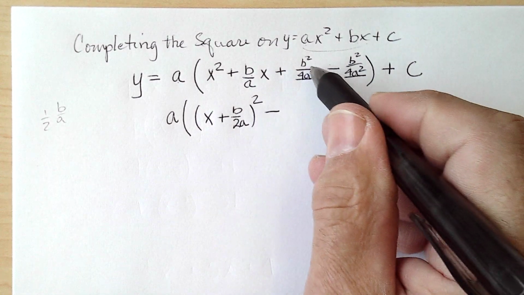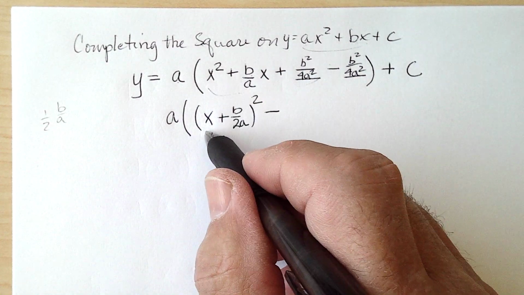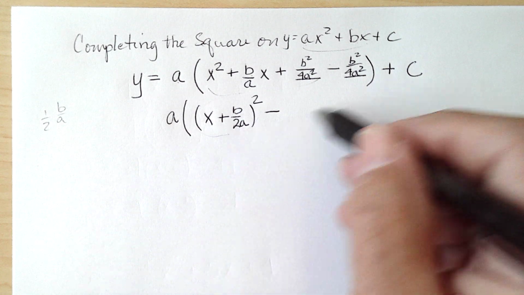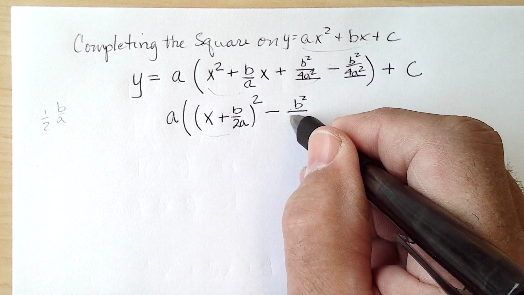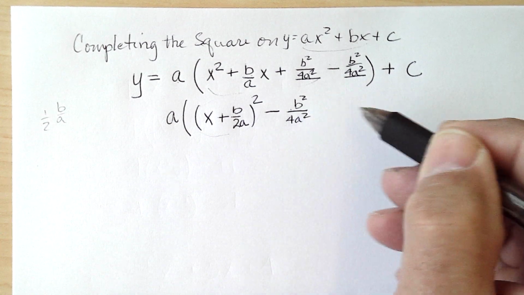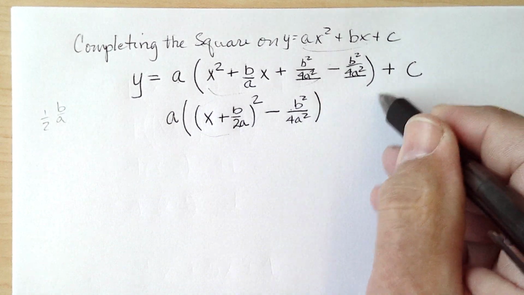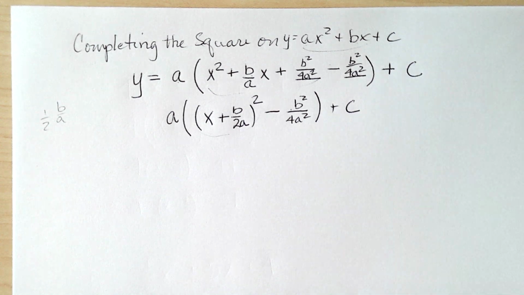So I'll have these three will make this perfect square. And I'll have minus b squared over 4a squared, and then plus c.